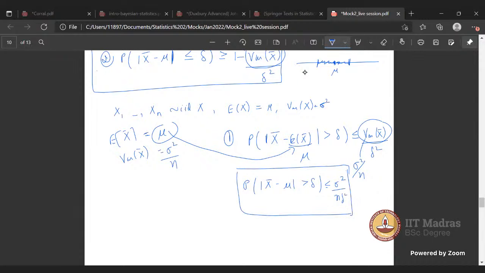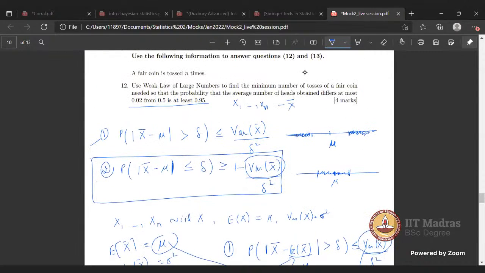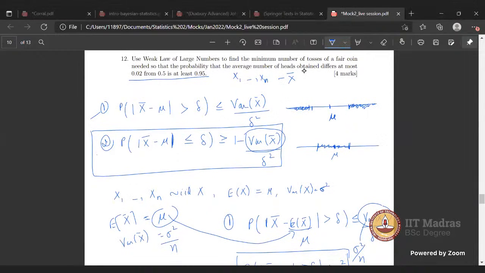Okay, fine, got it. Now, what I was saying is, if you look at the first expression, it gives you the bound on this tail region. And if I look at the second expression, it gives me the bound on this region.